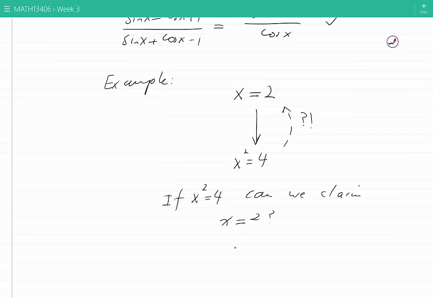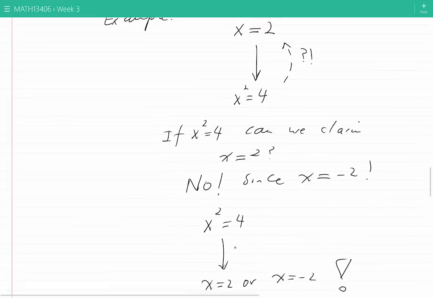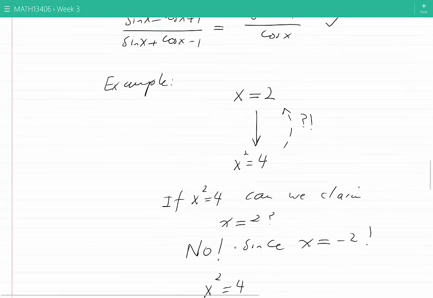The answer is obviously no, since x may be minus 2. In other words, x squared equal to 4 implies that x is equal to 2 or x is equal to negative 2. This is a very simple example in which we can show that this process is not necessarily reversible.